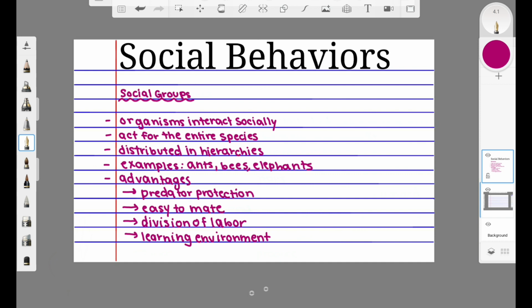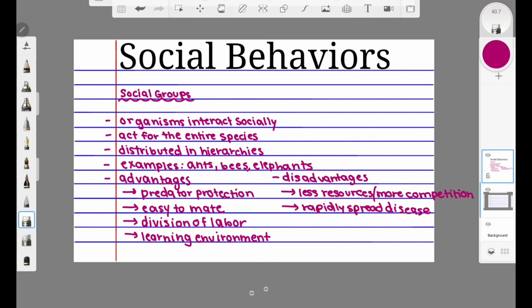It's also easier to select a mate and to breed. There's a division of labor, so the one animal doesn't have to do all of the work, and it can be a group effort. And it's also a rich learning environment because the animals can learn from other animals in that same species.